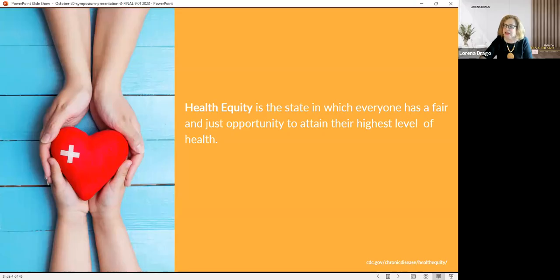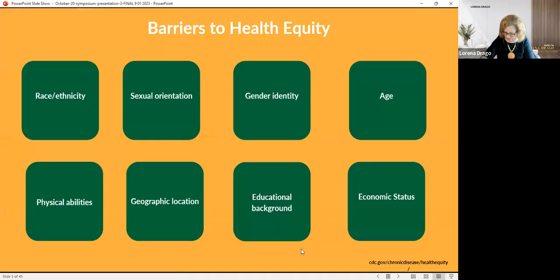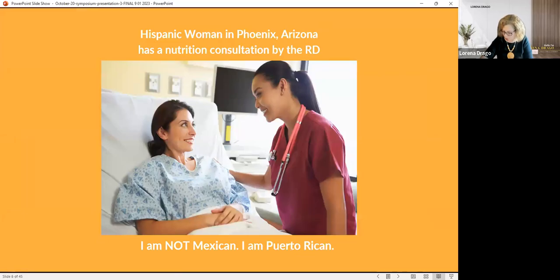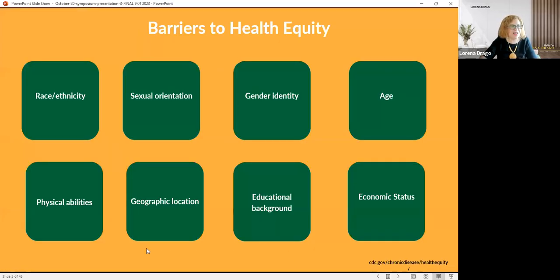So what is health equity? It is the state in which everyone has a fair and just opportunity to attain their highest level of health. So here, what we have is some of the barriers to health equity.